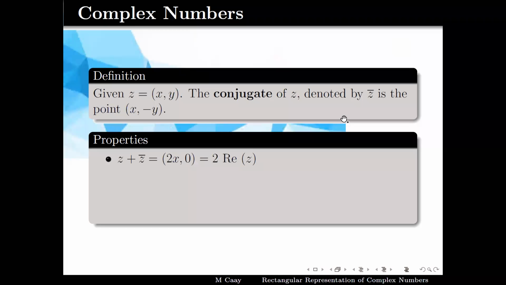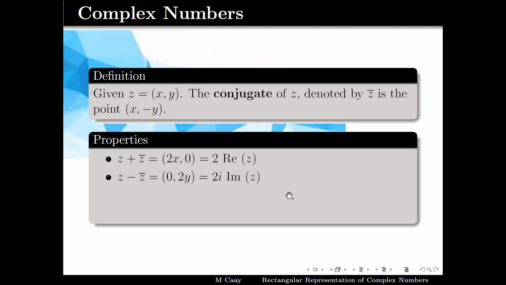Okay, another property is this. The difference of the complex number and its conjugate is 2i times the imaginary part of z. You can do this your own way to show the proof. But if you have a question, you can comment down there on the video.